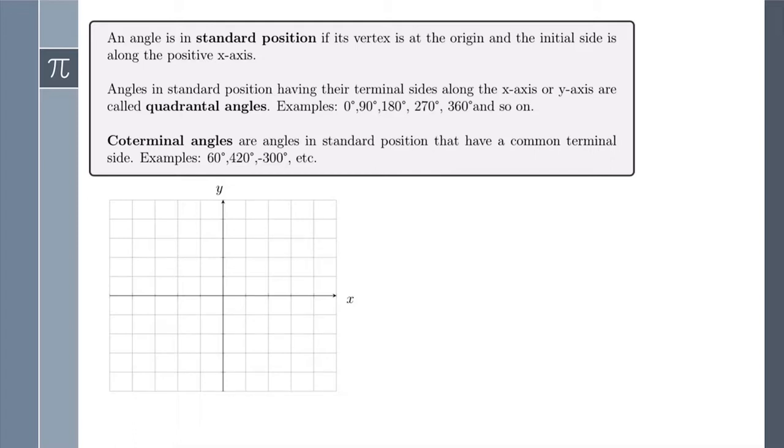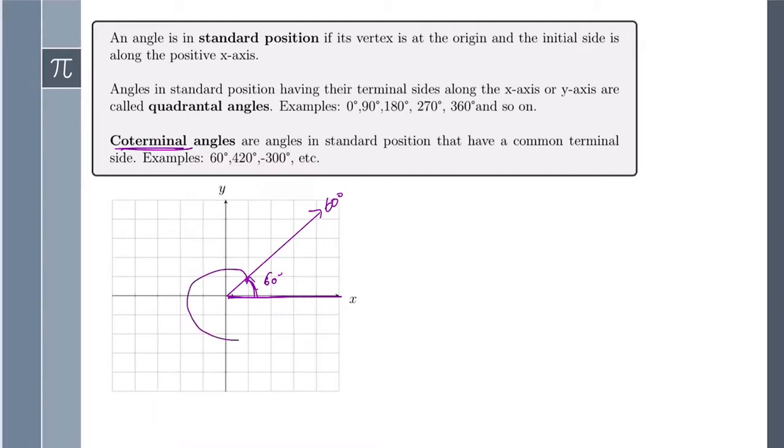Now that leads us to another terminology, which is the coterminal angle. For example, if I have an angle of, let's say, 60 degrees here. Now 60 degrees is formed like this. If I go from this initial side to this terminal side, that's 60 degrees. Now, if I keep going around and come back here, I went 360 degrees around.